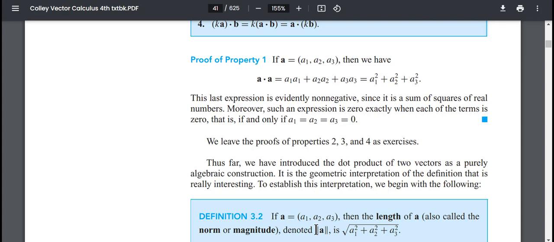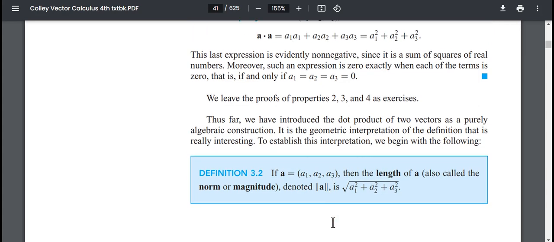So, ignoring the double bars for the moment, the length of A is this. Now we denote it like this, and we don't use just a single bar because we want to define this more generally, not just for 3 dimensions, but maybe for 10 dimensions. So this stands for the length even in 10 dimensions.